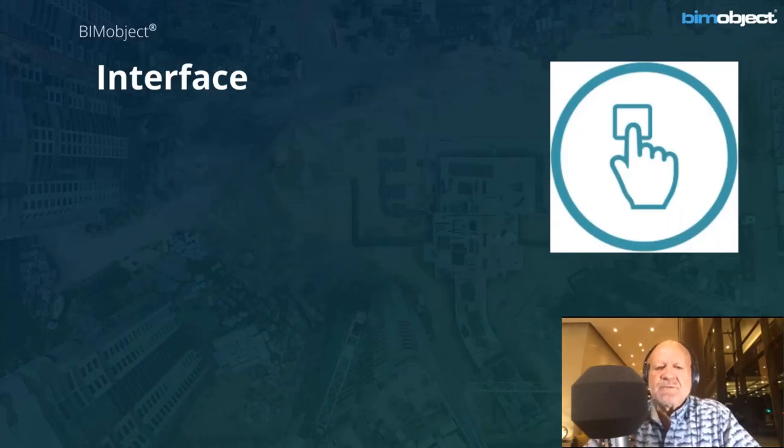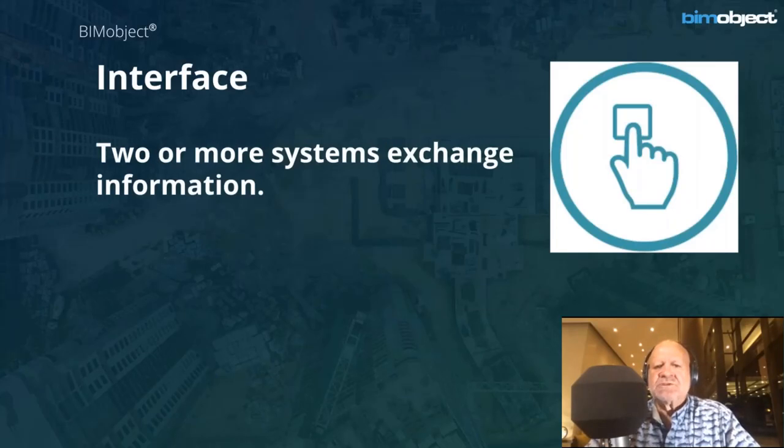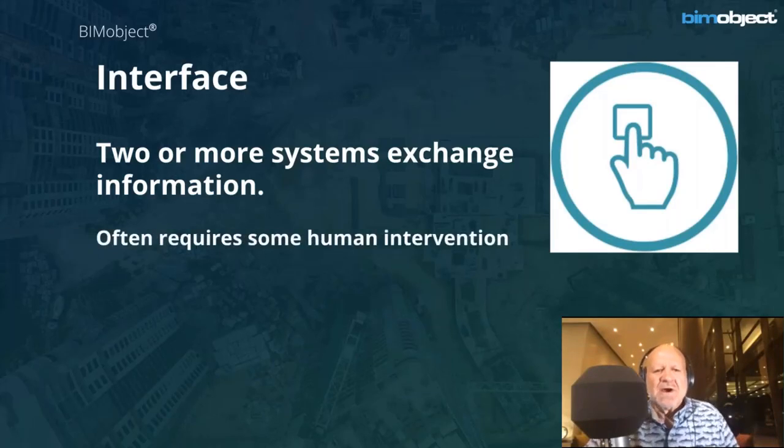So interface, this is the most disconnected, though it's still connected. What is an interface? Well, usually it's two or more systems exchanging information, but there's normally an intermediary. There's normally something that happens, and we're seeing this, thankfully, starting to minimize, because it often requires human intervention.